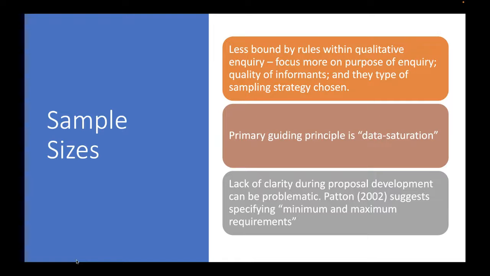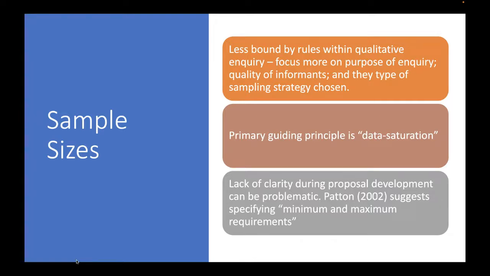But where this becomes a problem is, in theory, you should then be able in qualitative research to say, look, I can't tell you what my sample size will be. I'm just going to carry on asking questions until I'm satisfied that I know enough.